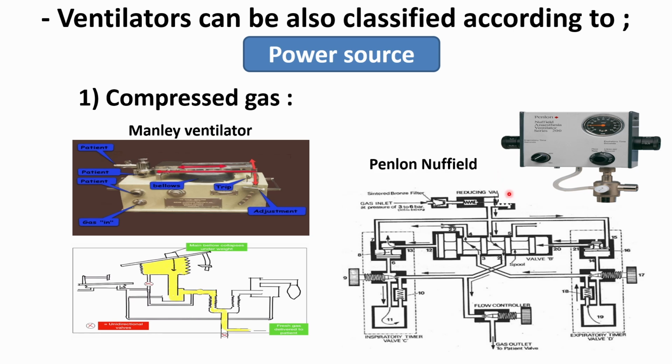You cannot detect disconnections because it will give no alarm during disconnection and it will continuously push the inspiration and expiration even if there is a disconnection, and you are calculating the respiratory rate by manual calculation. You cannot control the respiratory rate with a button or any controller. So they are only used in remote areas and war fields for fast delivery of an operation for a soldier or something like this. Okay.